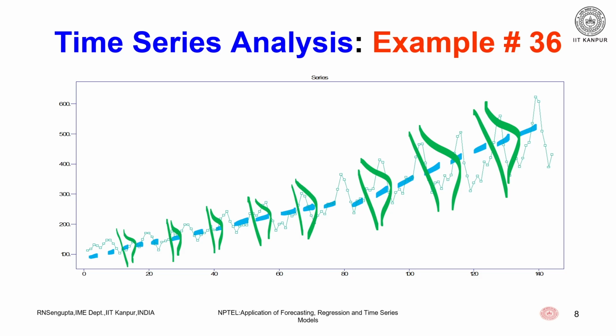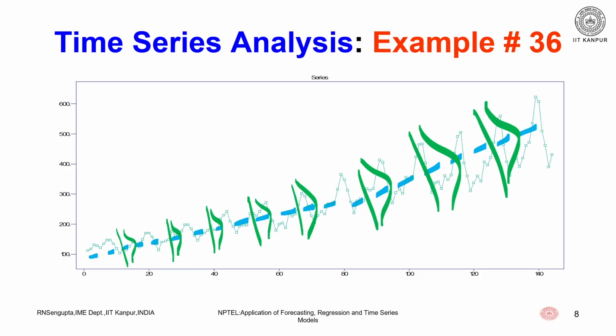But if we consider the second time unit from 80 to 140, there we will see both the mean value, which is the first moment, as well as the variability, which is the second moment, are increasing. Hence, time series analysis has to be done in a proper way to understand it.